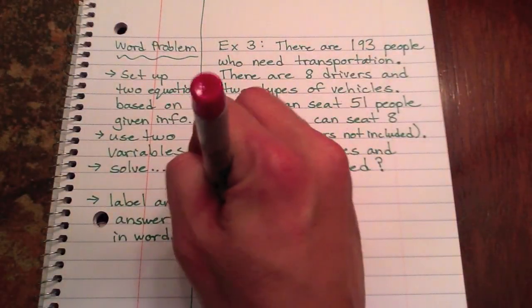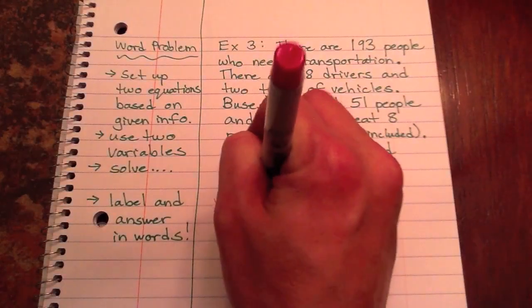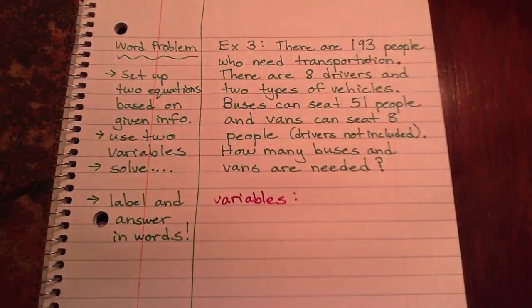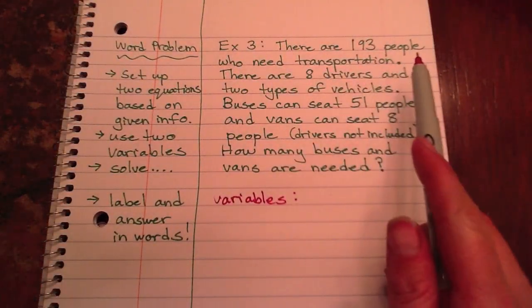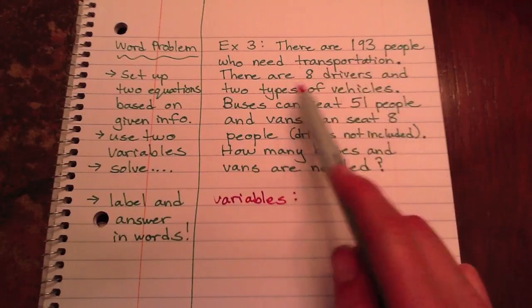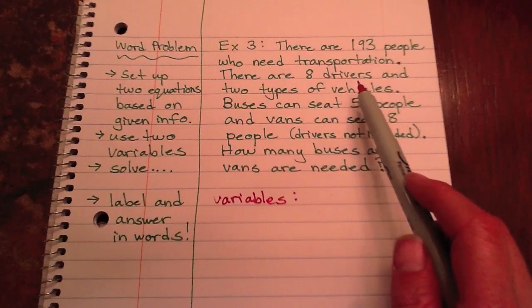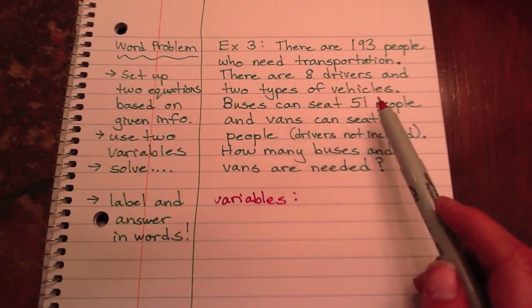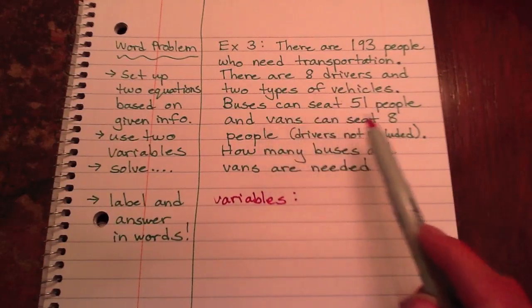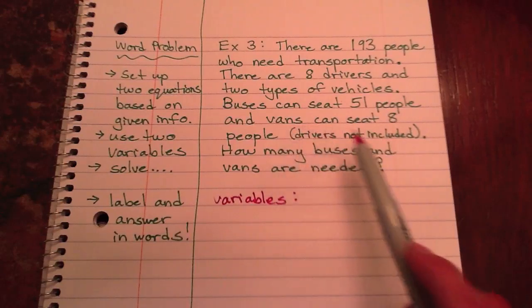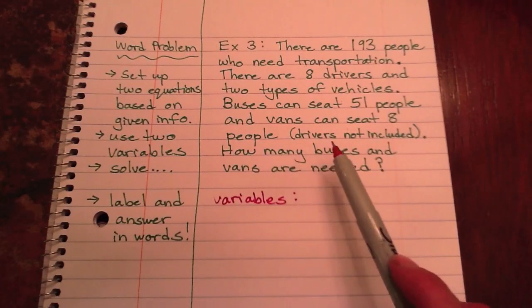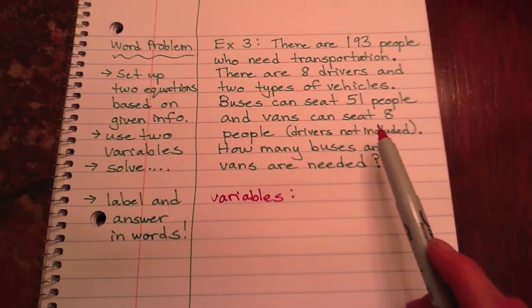So my variables are what I'm going to look for first. And I'm going to go through here. There are 193 people, so maybe people who need transportation. There are 8 drivers and 2 types of vehicles. Buses can seat 51 people, vans can seat 8. This is not talking about the drivers here.